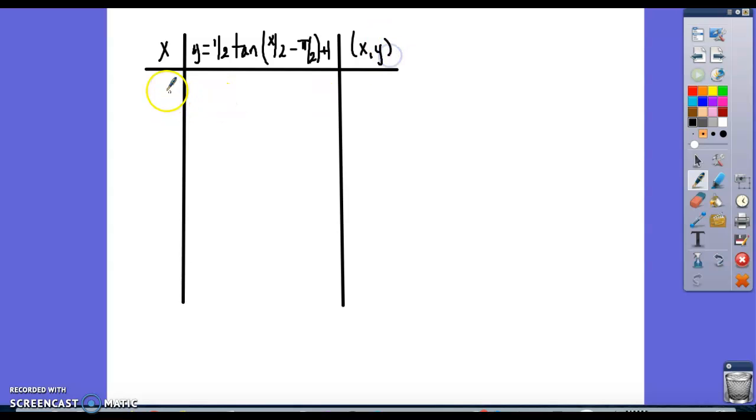So you can graph, like I said, using a table. You're going to plug in your critical points. I'm just going to do 1 period: pi, 3 pi over 2, 2 pi, 5 pi over 2, and 3 pi. So there's 1 period right there.